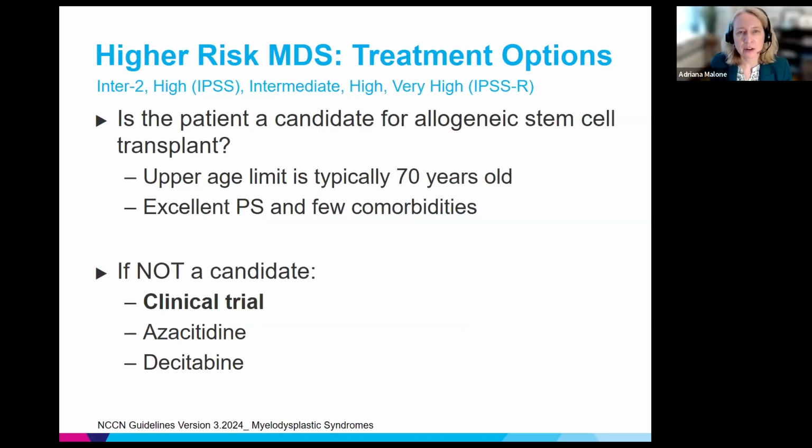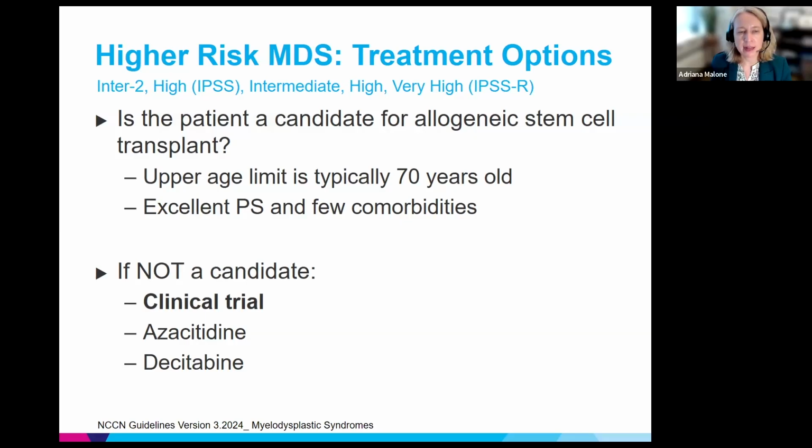For patients with higher risk disease, this is the intermediate 2 and above disease, the first question to ask is, is our patient a candidate for an allogeneic stem cell transplant for a curative intent therapy? The upper age limit typically is about 70 to the low 70s, again, based on the patient's associated performance status as well as comorbidities.